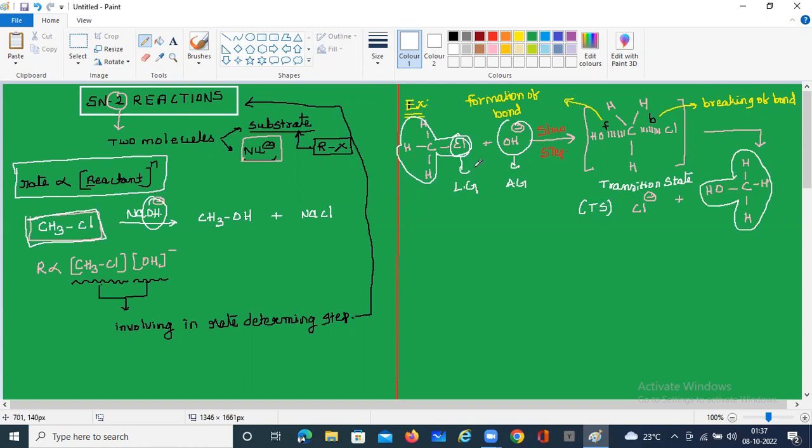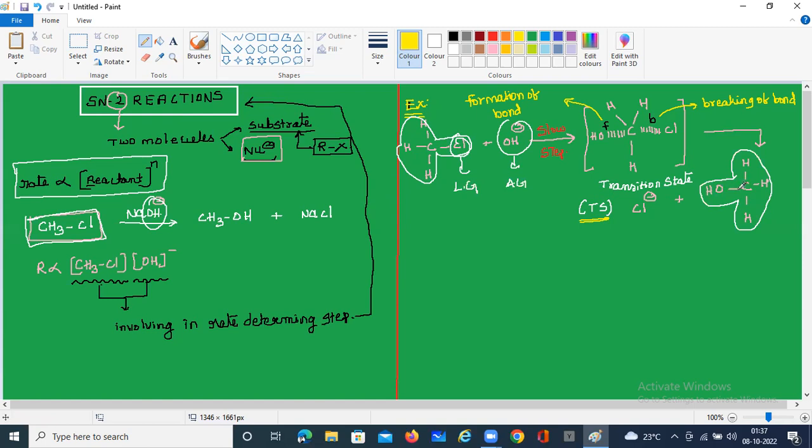Here this is the product, but the product formation mainly takes place through the formation of a transition state. When the substrate reacts with the nucleophile, the product is not obtained directly.